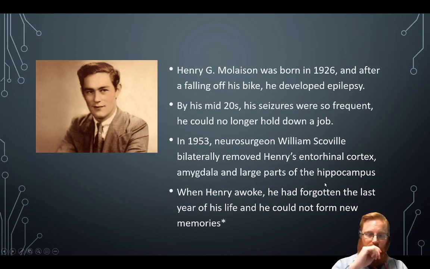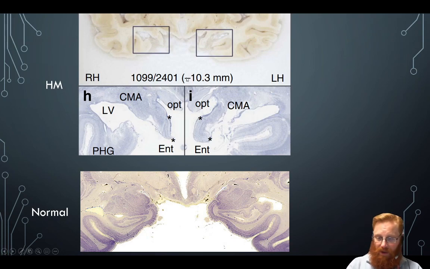And this is what had been done to Henry, right? So down the bottom here is a normal slide at about the same level as this one, and we can see the hippocampal formation bilaterally there, and here's the amygdala, and the entorhinal cortex is this section along here. Well, I don't think it goes that far. I think it's this bit along here is the entorhinal cortex.